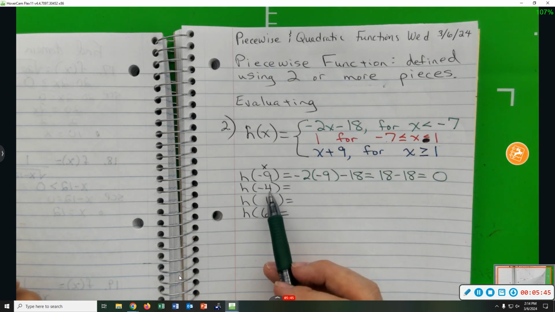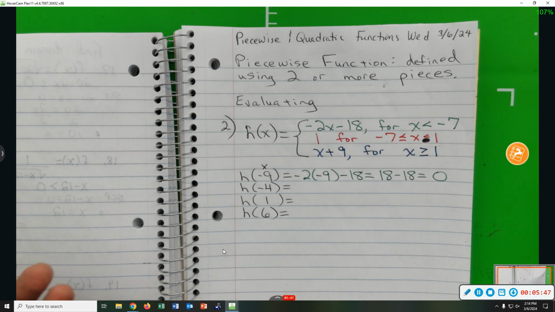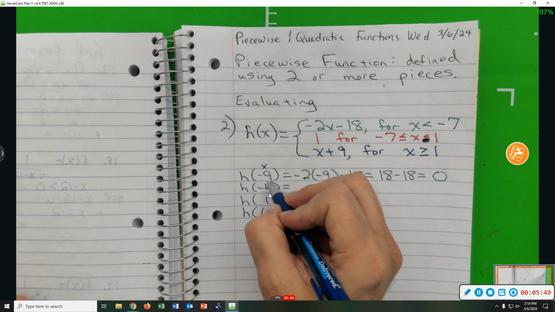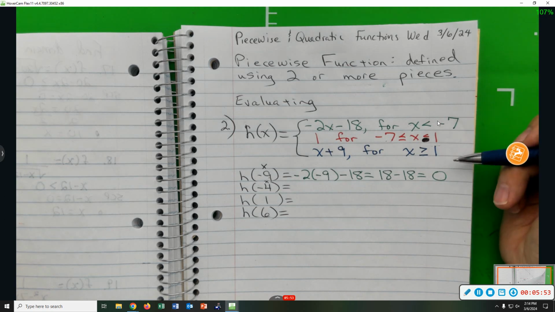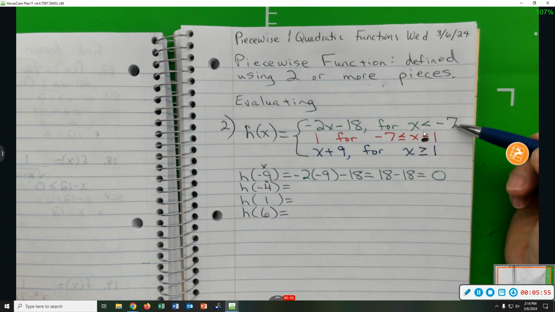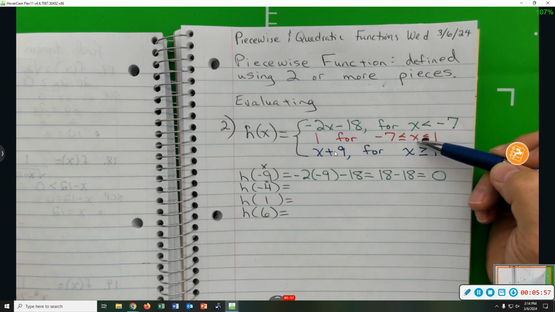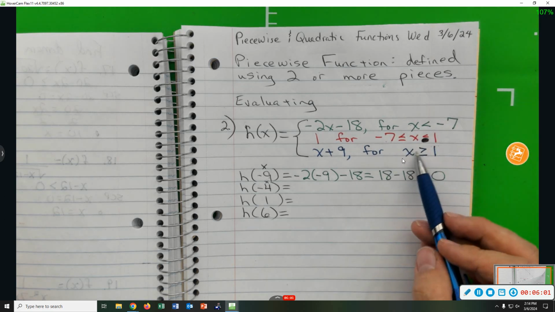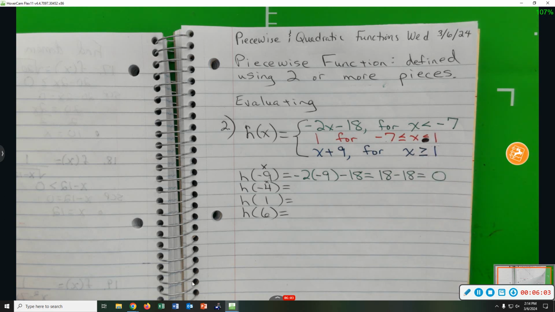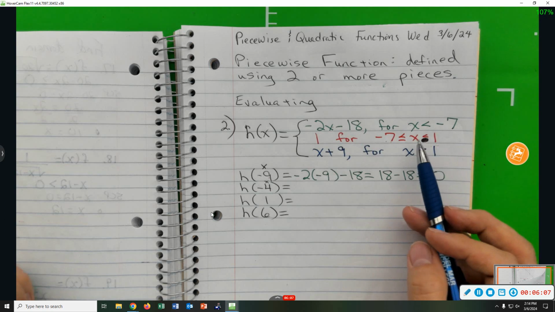Okay, h of negative 4. In this case, your x value is negative 4. Which piece are you going to use? Is negative 4 less than negative 7? Is negative 4 between negative 7 and 1? Or is negative 4 bigger than 1? It can only be one of them. The middle one.